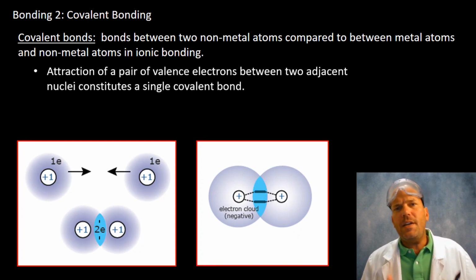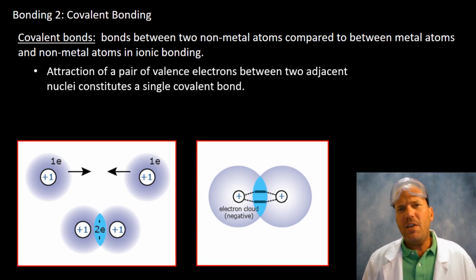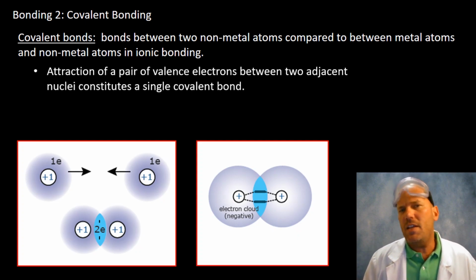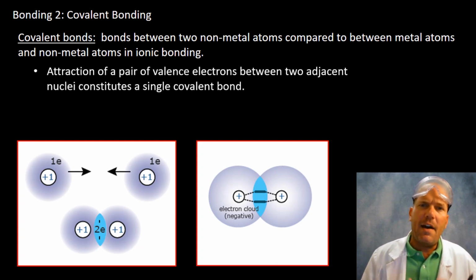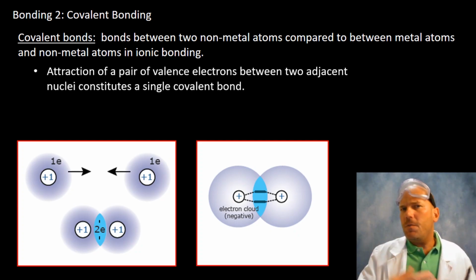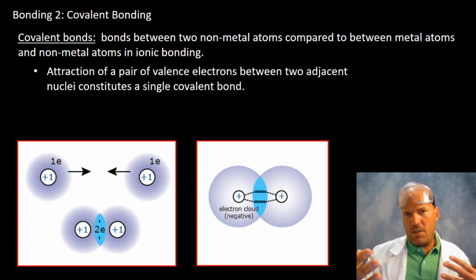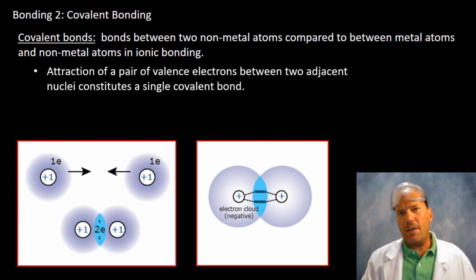I want you to think about the example of diatomic hydrogen. If you consider each hydrogen individually, they have one valence electron. And you know from our studies of electron configurations that the more stable configuration would be with two electrons in the s subshell.